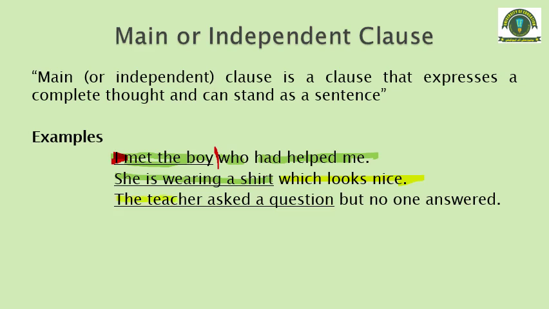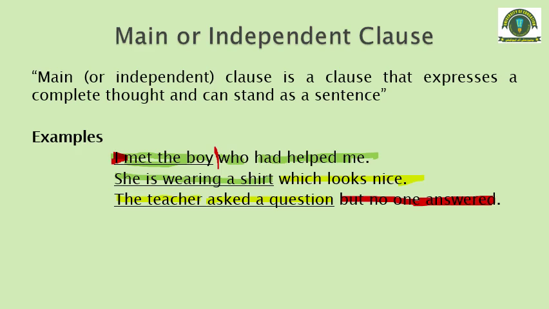Let's jump to the next example. "The teacher asked a question." The teacher is the subject, asked a question is the predicate. The clause is complete up to this point. We got the meaning. But there is another clause: "but no one answered." No one is a subject, answered is a predicate, a verb. "No one answered" is another clause.